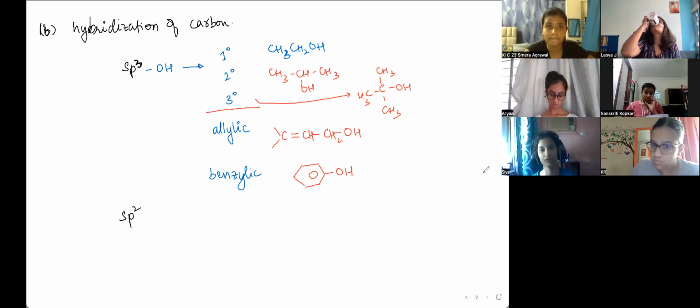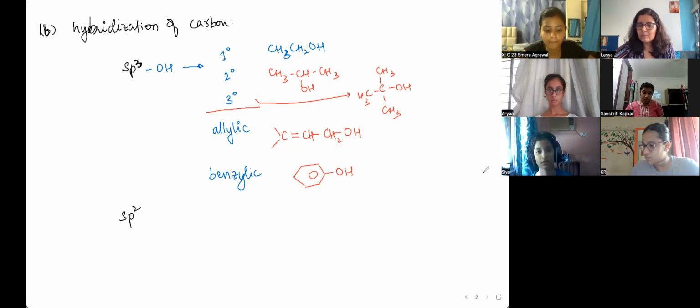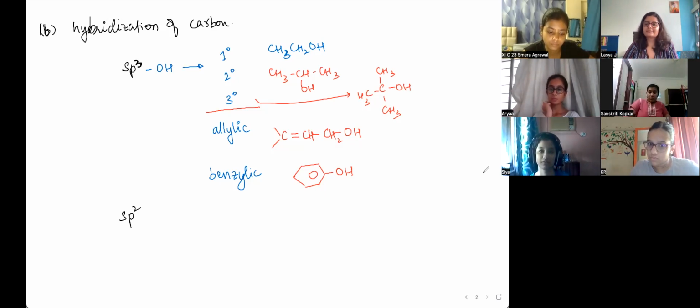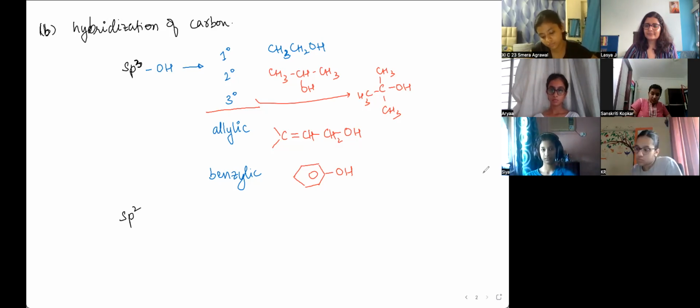Didn't we have common names for OH attached to a benzene ring at different positions? Yes. We're classifying now. When we talk about the names, we'll do that. No one's noticed yet.